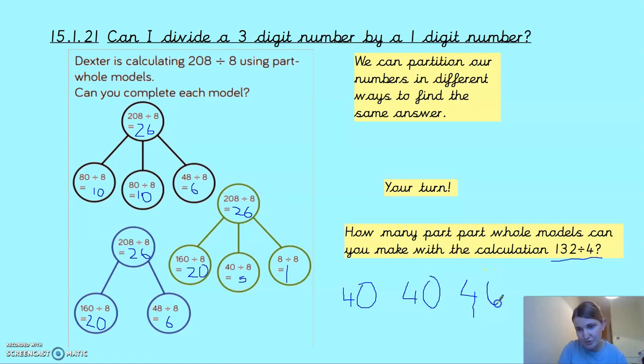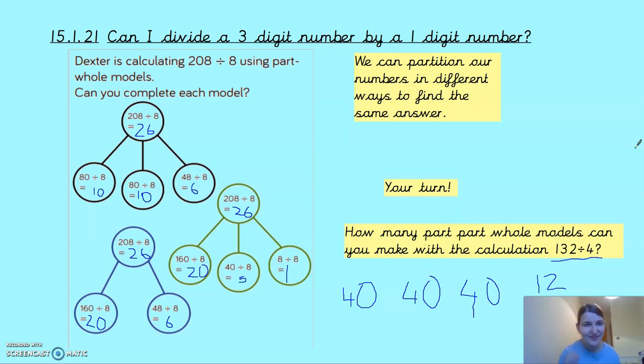That would be 120. I'd then have another 12 left. So I could split it into those 4 bubbles and then I could divide each one by 4, add them together. Why don't you have a go? See how many different ways you can make these part-whole models with this calculation.